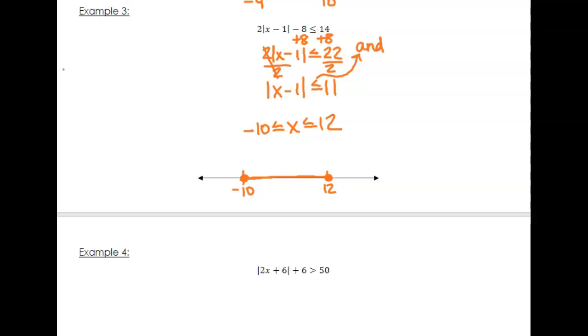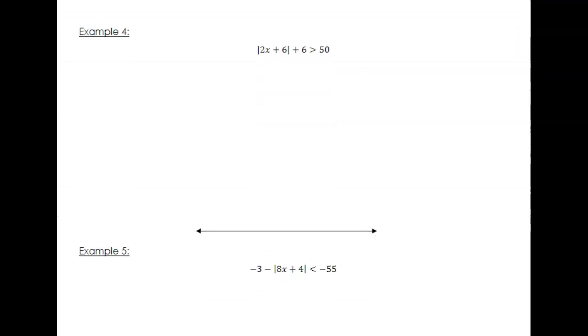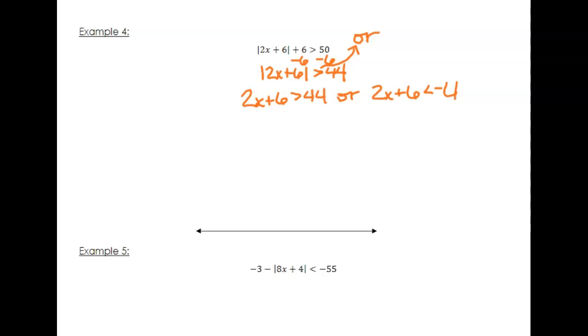Let's move on to example 4. Example 4, the absolute value is not isolated, so I'm going to subtract 6. I have the absolute value of 2x plus 6 is greater than 44. This greater than means more, so this is an OR inequality shaded outside. I have 2x plus 6 is greater than 44, or 2x plus 6 is less than -44.